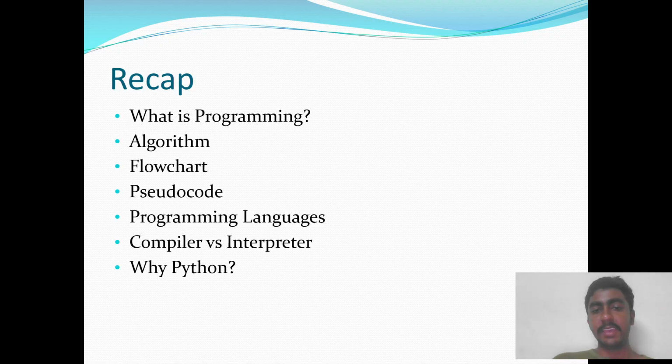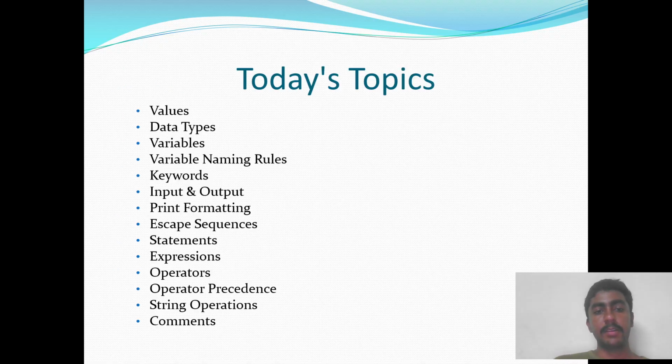So now let's see what we are going to learn today. Today's lecture is much more practical than the previous one. Today we will understand what a value is, different data types available in Python, how to create and use variables, rules for naming variables, Python keywords, taking input from the user and displaying output, formatting output using f-strings, escape sequences, Python statements and expressions, different operators and operator precedence, and basic string operations.